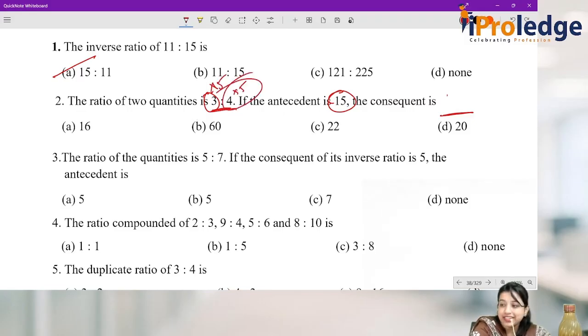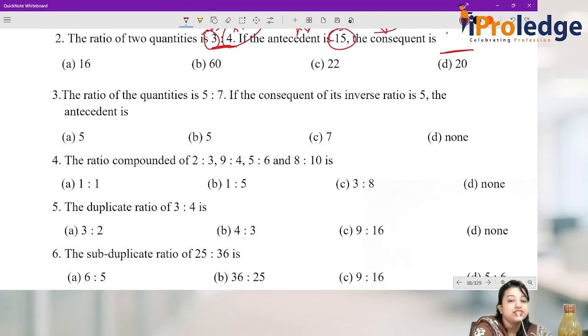So antecedent is numerator, consequent is denominator. We have to form a new ratio, but the value should be same. Next, third one. If the consequent is 5 of inverse, what will be the antecedent? 7. Inverse andre ulta madi, consequent 5 andre antecedent 7.